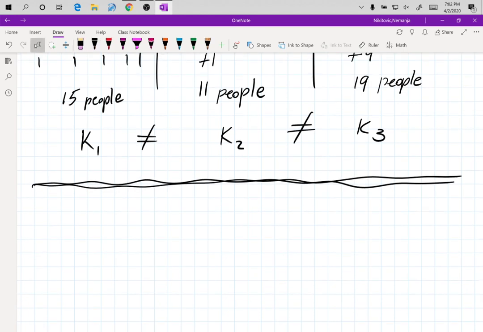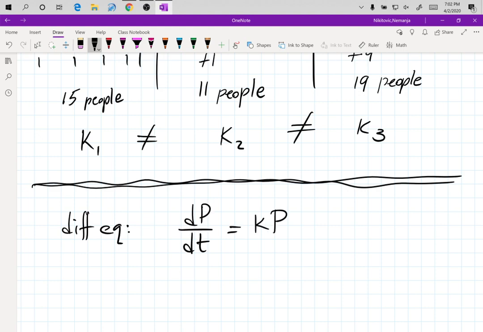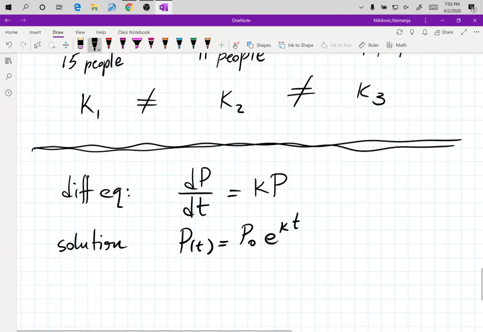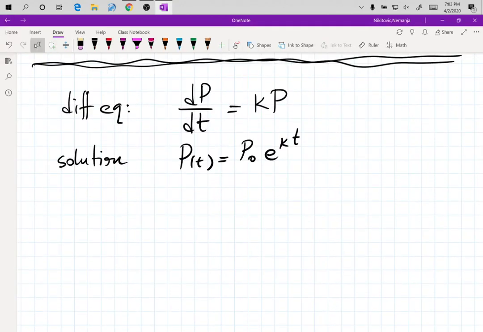All right, so one of the last concepts that we have to talk about with differential equations is how to check differential equations. We just had a differential equation given by dP/dt equals kP, and we had the solution given by P(t) equals P0 e^(kt).